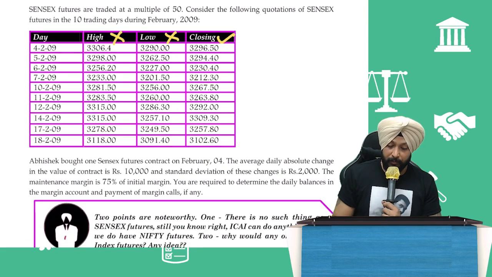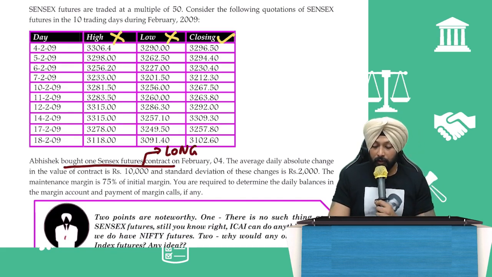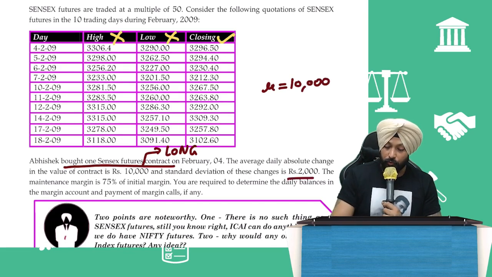Now what they're saying is Abhishek bought one Sensex futures contract. Bought means he's bullish on the overall market and has taken a long position. The average daily absolute change in the value of the contract is given as 10,000. That is the mu value, 10,000, and the standard deviation is 2,000.